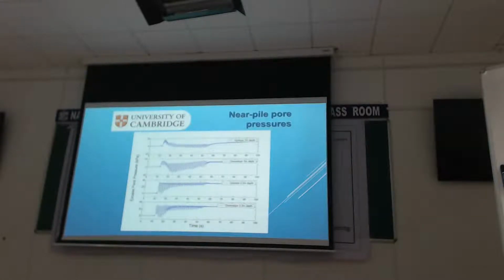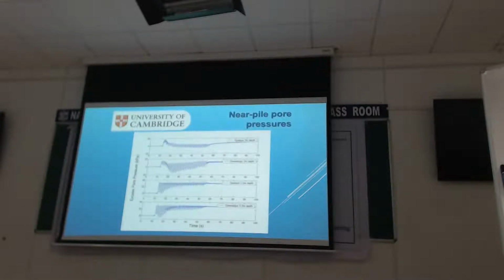So upslope ones seem to produce about 20 or 40 kPa depending on the depth. Very strong dilation there, but it dies down quickly.